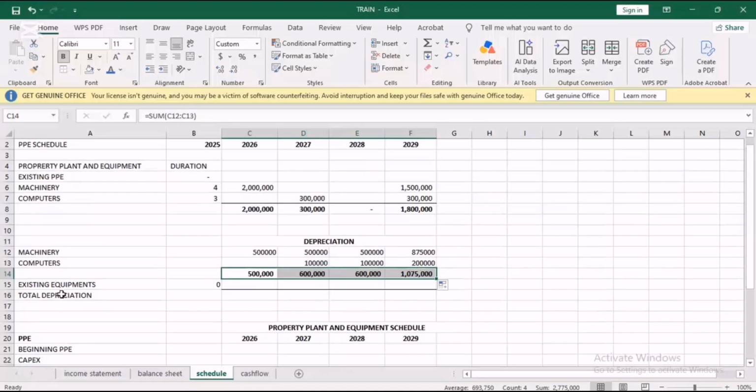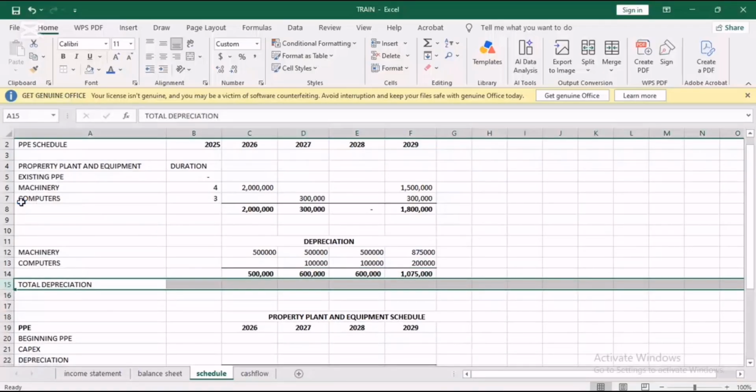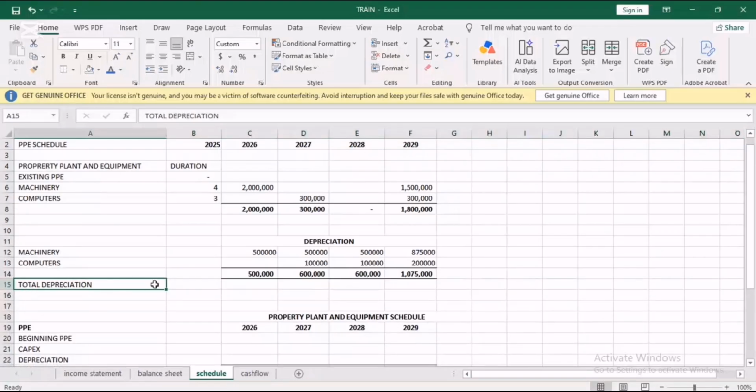So for existing assets, I told you earlier that this is a startup business, so there was no balance available as the business commenced. So right up here is the total depreciation. So we are taking off this existing depreciation of some items.